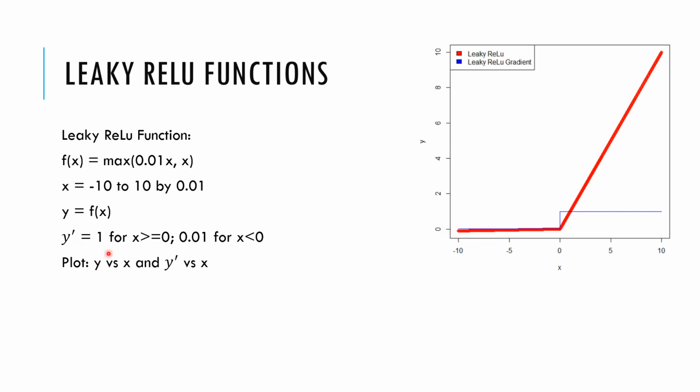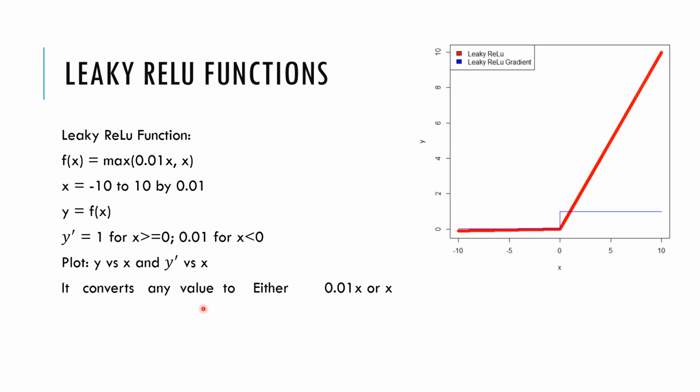And if you see this gradient, it has taken 0.01 instead of 0 for any value of x less than 0, and for x greater than or equal to 0, it suddenly becomes 1.